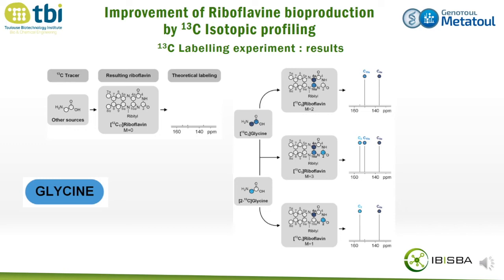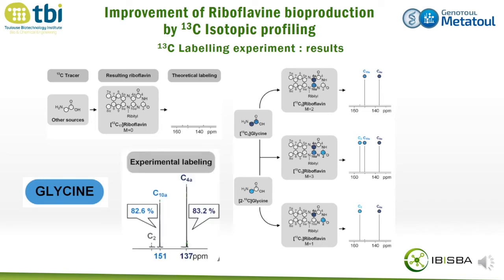First, labeled C10 alpha and C4 alpha, or labeled C2, C4 alpha and C10 alpha, or only labeled C2 and C4 alpha. That's theoretically what could happen. Experimentally, we observe labeling incorporation into C10 alpha and C4 alpha of around 83%.